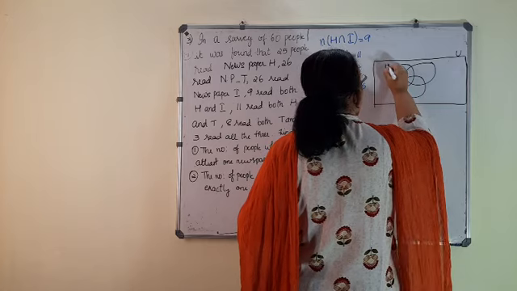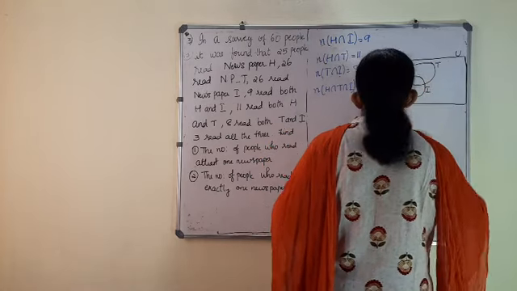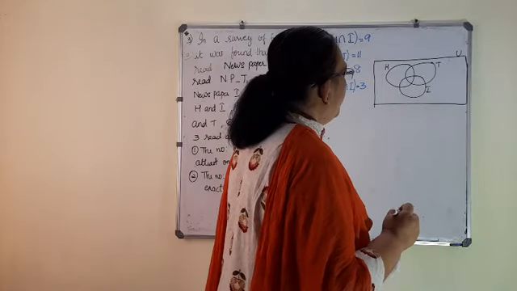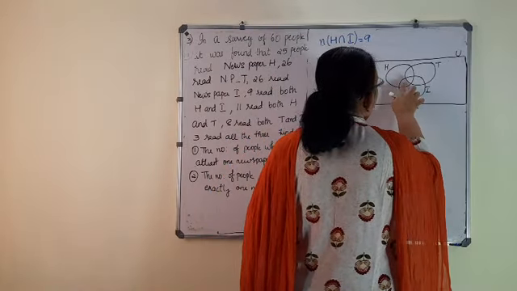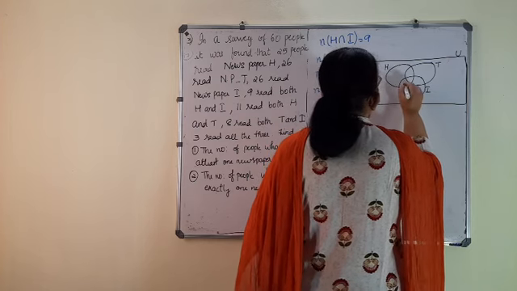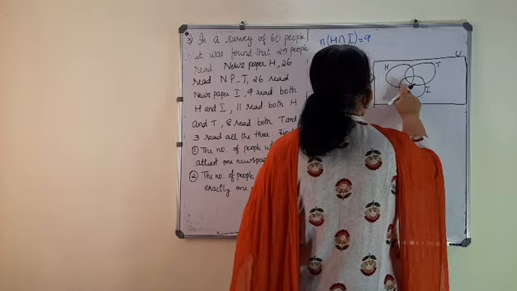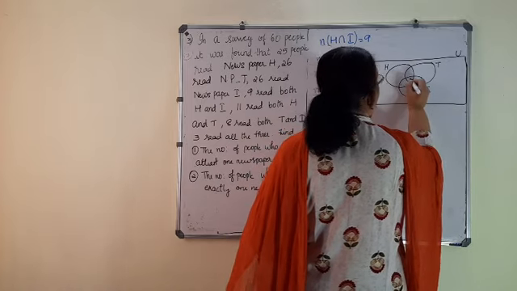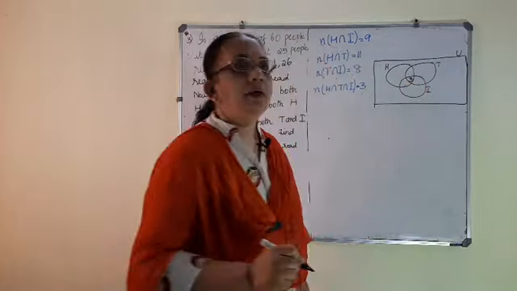Newspaper H, newspaper T, and newspaper I. H intersection I, that is both H and I, how many are reading? 9. H intersection T intersection I is equal to 3. First you mark how many are reading all the 3 newspapers. All the 3 newspapers are read by 3 people.